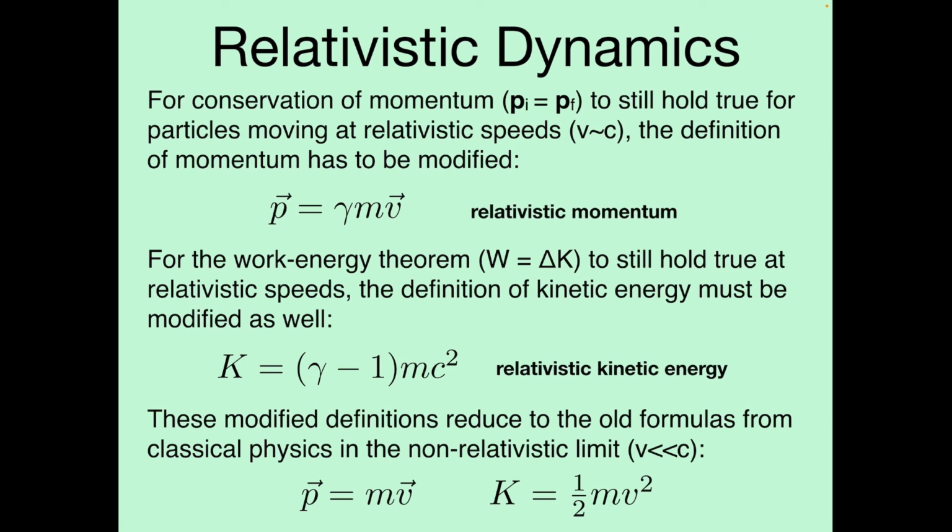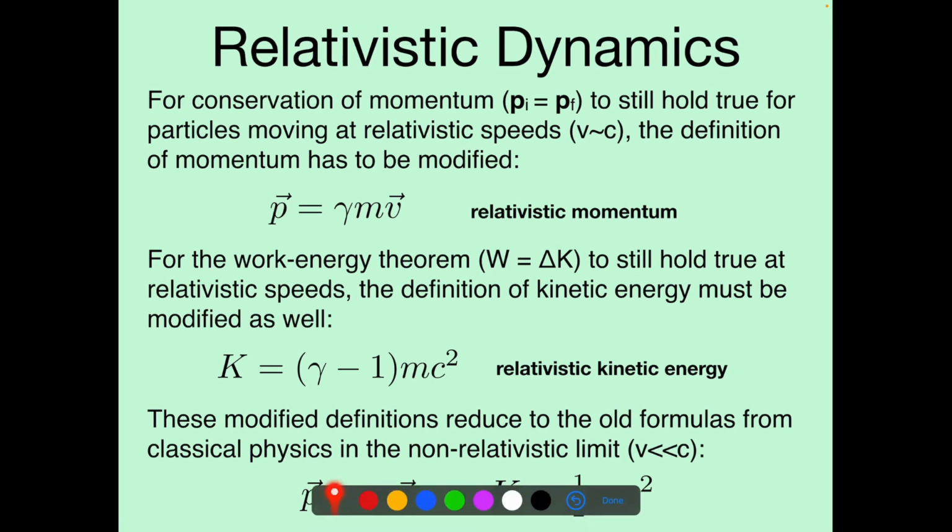So one thing that we need to be clear about is there are certain principles of physics like conservation of momentum and conservation of energy that we still want to hold true, even though we've redefined our notions of space and time. So if we want conservation of momentum, P initial equals P final, to hold even when particles are moving at relativistic speeds, like close to the speed of light, we actually have to modify our definition of momentum.